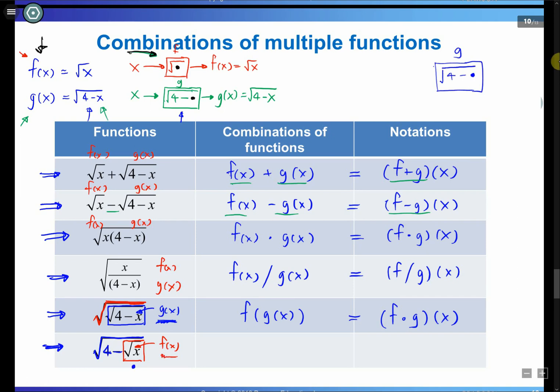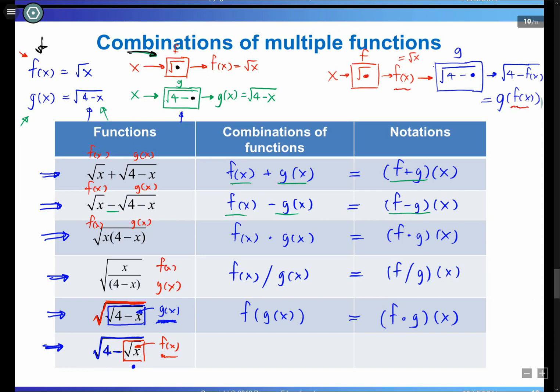So here we have f of x as the input for g. And in order to get f of x, of course, we need to feed x into this box called f, square root of something. So here we have this f of x equal to square root of x. So in the end, we have this square root of 4 minus f of x. In other words, we are looking at g of f of x, when f of x becomes the input of g.